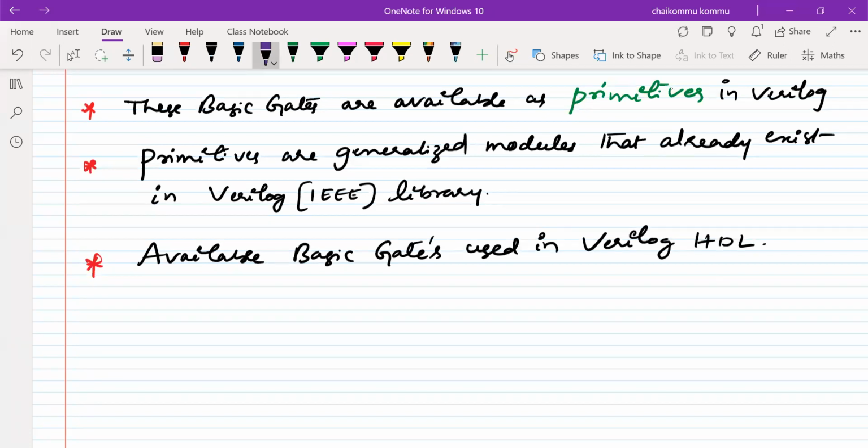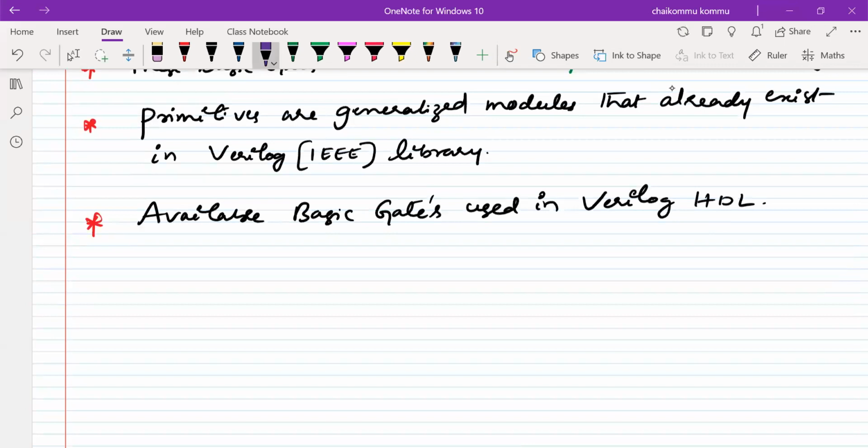Let us consider first the AND gate. We have to use small letters only. If you want to write an AND gate in your program, you have to use small letters: and. Or means or, also in small letters. NAND means nand.